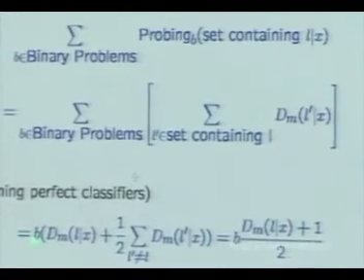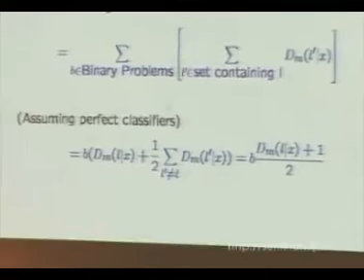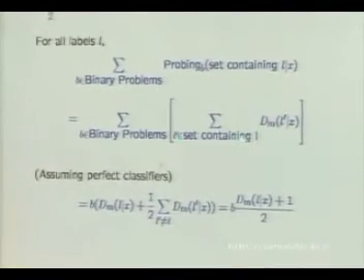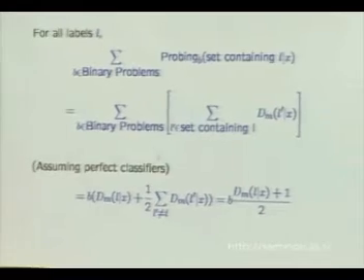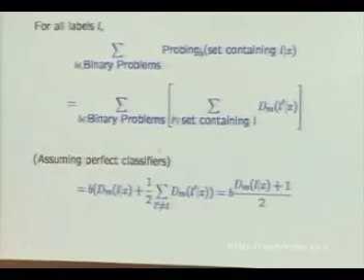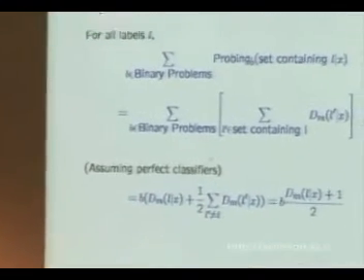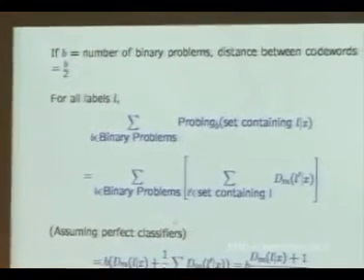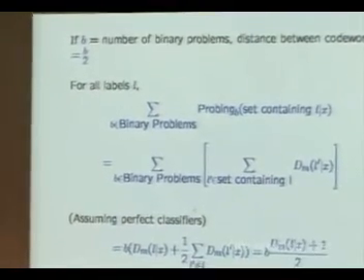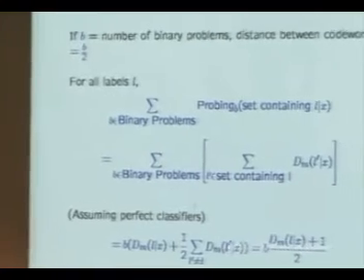So it's B times the probability of L given X. And then for every other label L prime not equal to L, half the time it will appear here, and half the time it will not. And that's because of this. With a Hadamard code, the distance between two columns is exactly half of the number of rows. So that says that half the time.